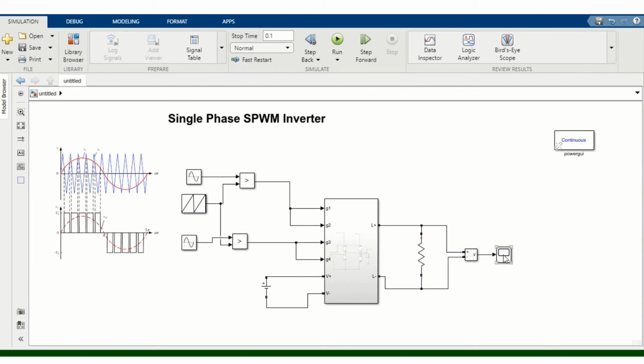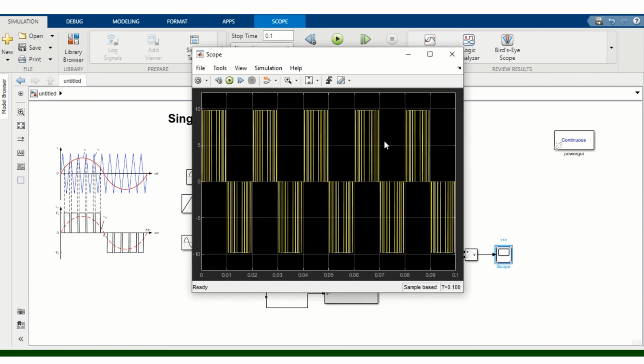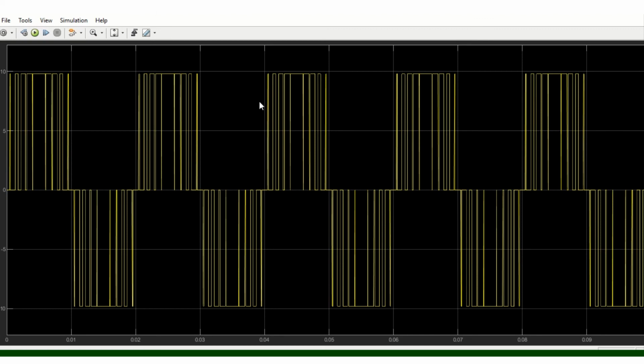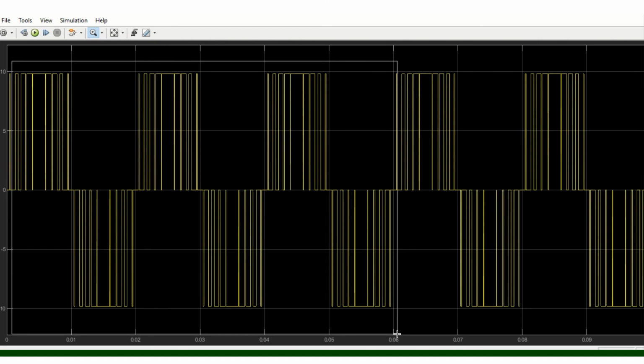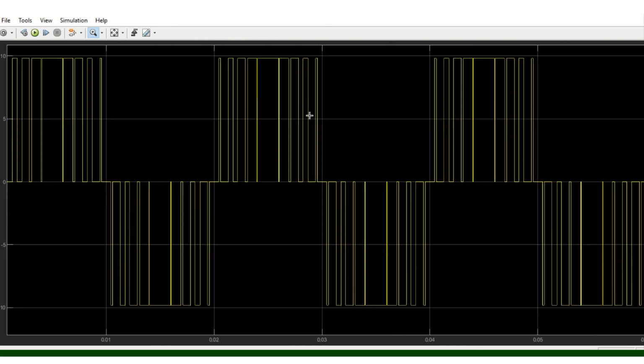Now let us observe this on a CRO. You can see here that this is your inverter output. If you want, we can just magnify the specific region only. See, this is the inverter output.